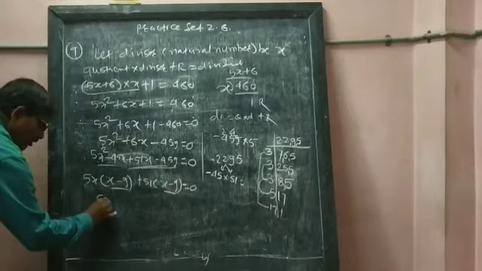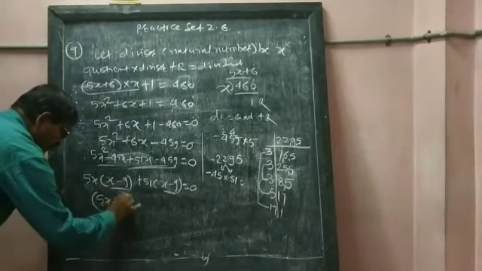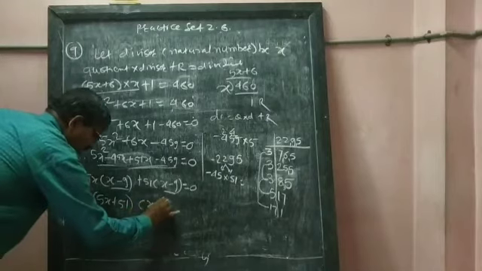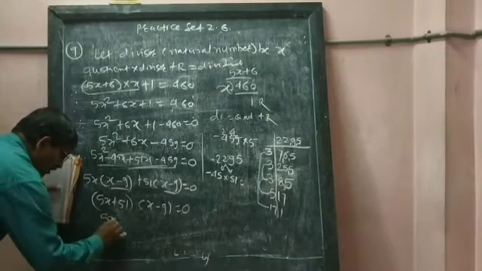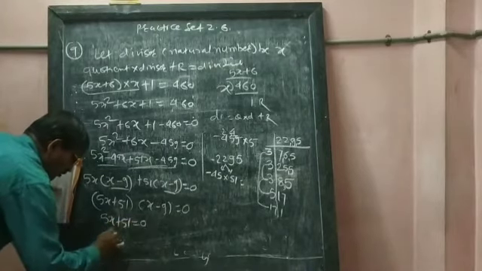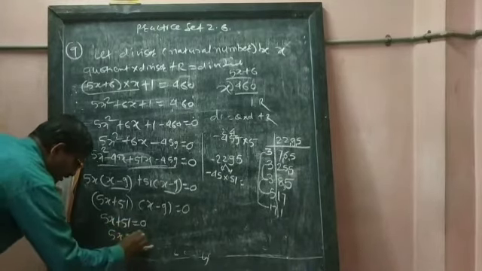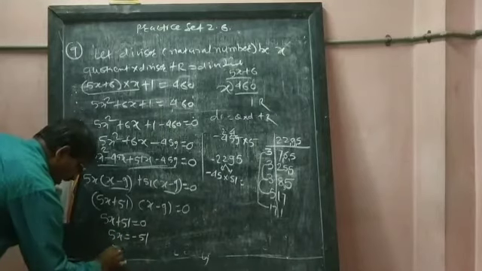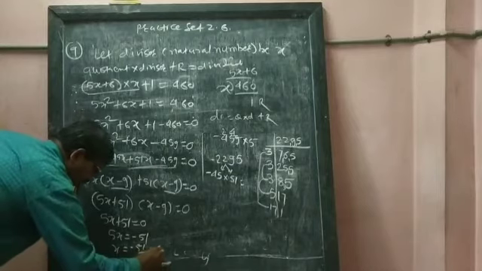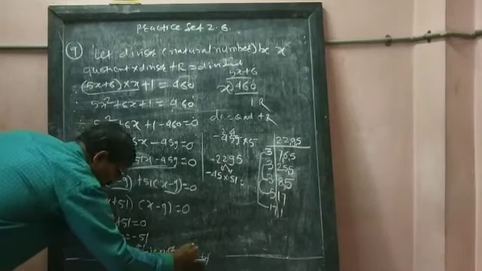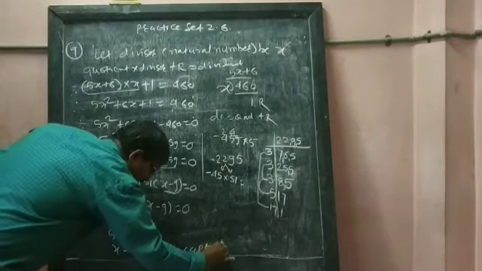Therefore 5x plus 51 is in one bracket, and in the second bracket x minus 9 is equal to 0. Thus 5x plus 51 is equal to 0. Therefore 5x is equal to negative 51 and x is equal to minus 51 upon 5 is not acceptable.